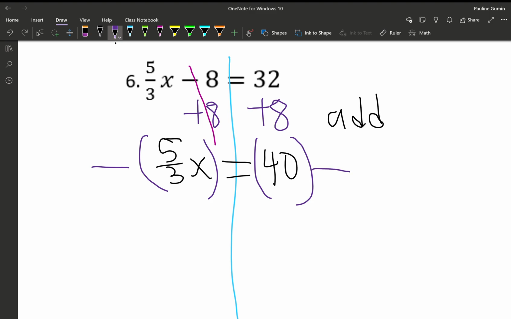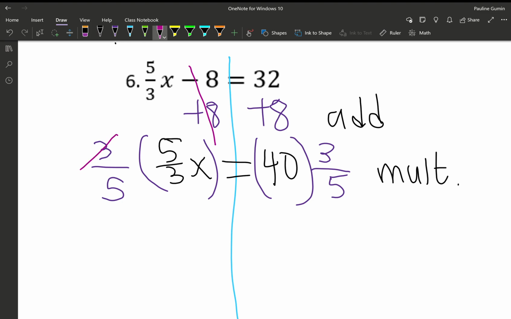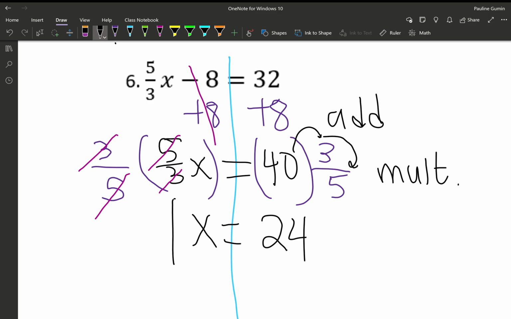We're going to multiply by the reciprocal, which means we're going to flip our fraction upside down, 3 over 5. The 3's cancel, top and bottom. 5's cancel, top and bottom. So I'm just left with x. All right. On the right-hand side, 40 times 3 is 120, divided by 5 is 24. Yes, 24.